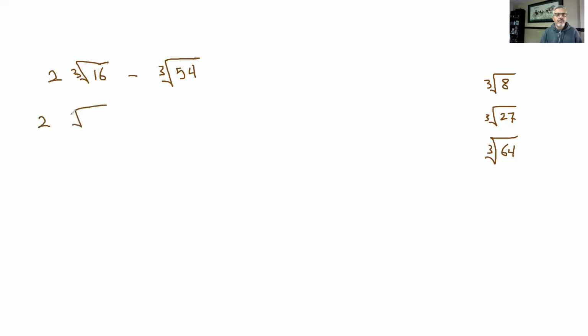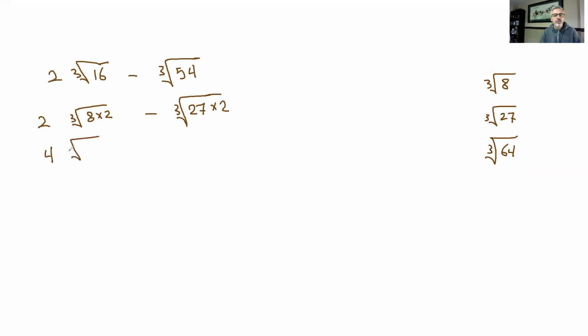Cube root of 8 times 2, since 8 goes into 16, minus cube root of 54. We know 27 goes into 54 twice, so I'm just going to write cube root of 27 times 2. And now the cube root of 8 is 2, times 2 is 4.